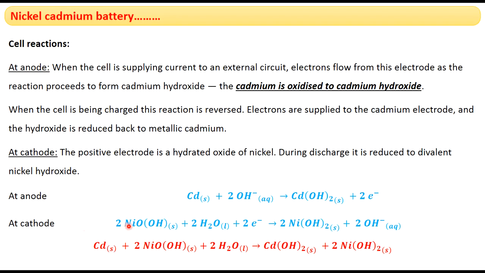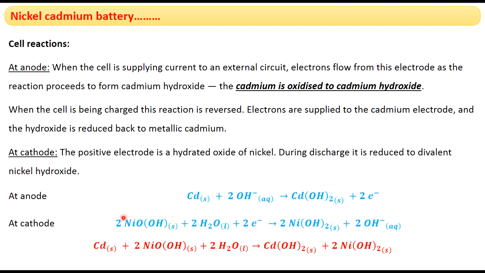Now the nickel oxyhydroxide, which is the active material, undergoes reduction by consuming 2 electrons which have come all the way from the anode, and they also consume 2 water molecules forming nickel hydroxide and 2 hydroxyl ions, 2 OH minus ions.